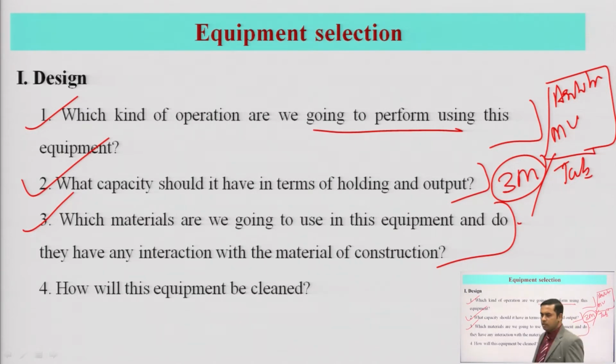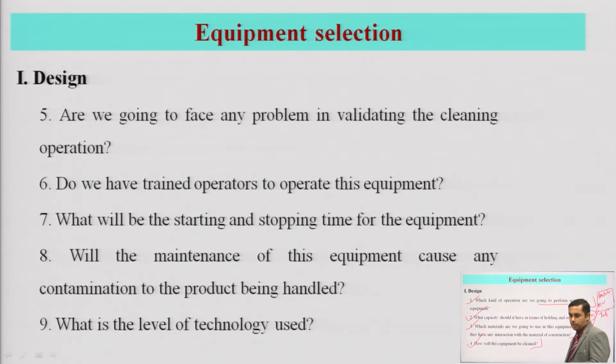If you are producing some jelly like substance, and your product is going to adhere to your equipment, it will be a big problem. So, you have to ask these questions, and then how will this equipment be cleaned.